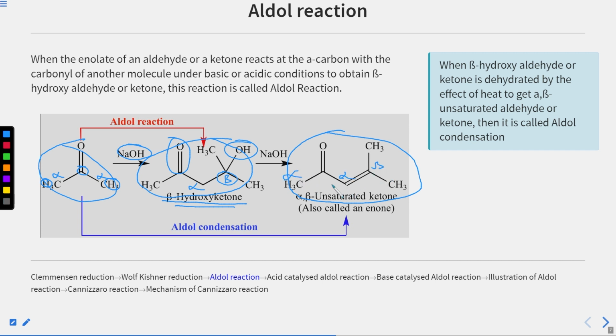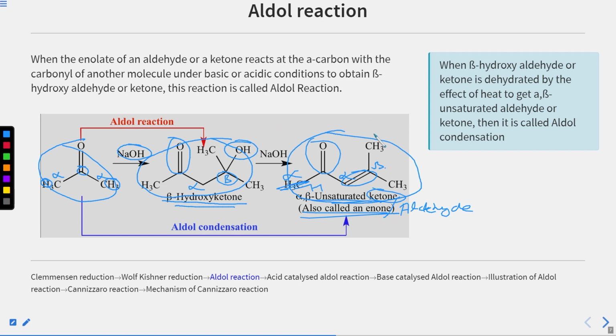Alpha beta unsaturated means the bond between alpha and beta is double or triple. So here we can see that this is alpha beta unsaturated ketone. Clear? Or aldehyde, that would be according to your substrate. Suppose your substrate is not having this CH3, instead it is having H, then it would be alpha beta unsaturated aldehyde. Clear?